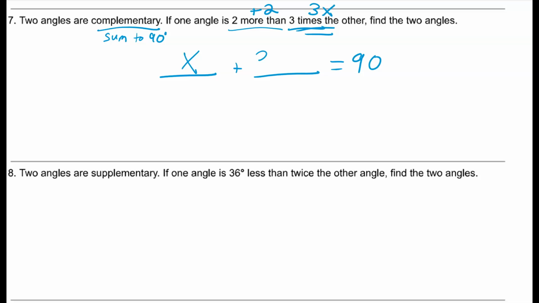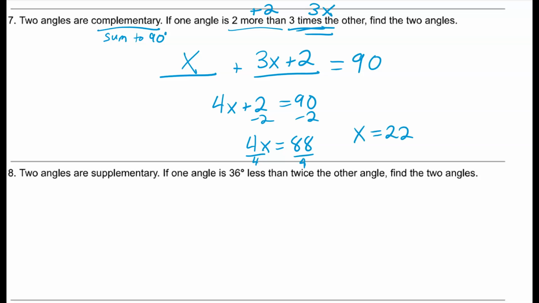So to write that as one expression, I could write 3x plus 2. So now I have my two angles that I'm going to sum and set equal to 90. If I combine my like terms, x and 3x is 4x, plus 2 equals 90. I'm going to subtract 2 on both sides. 4x equals 88. And when I divide out that 4, I find that x is equal to 22.